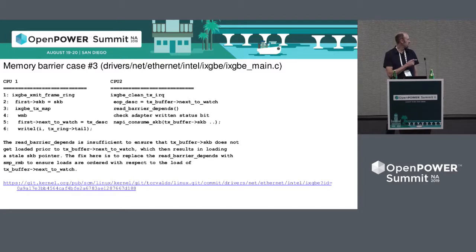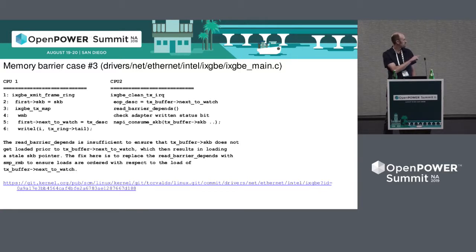So this is a third and final case that I'll describe. This is one that we found early when we were bringing up Power 9. This is a device driver that we used on Power 8, no problem. On Power 9, it was just aggressive enough that we encountered it. And it's somewhat similar.